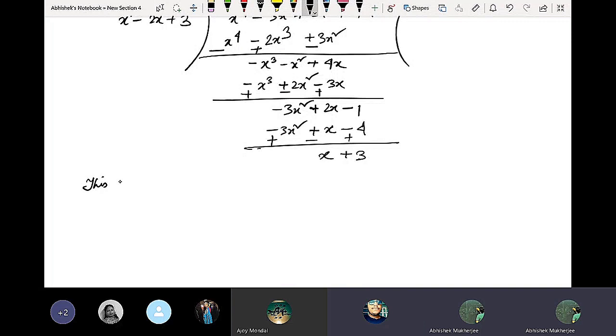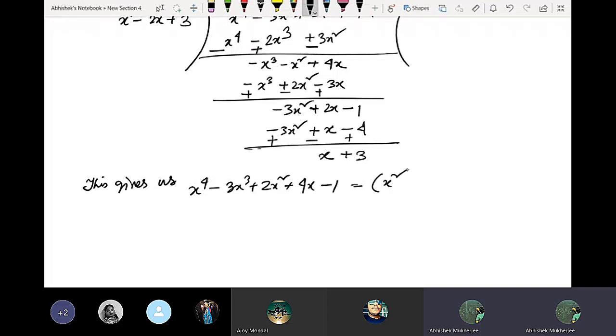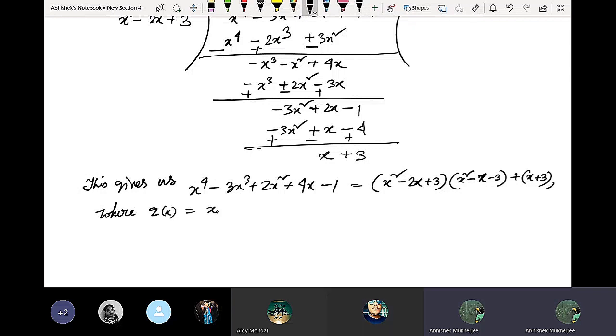So this gives us x to the power 4 minus 3x cube plus 2x square plus 4x minus 1 is equal to x square minus 2x plus 3 times x square minus x minus 3 plus remainder, where qx is x square minus x minus 3, rx is x plus 3.